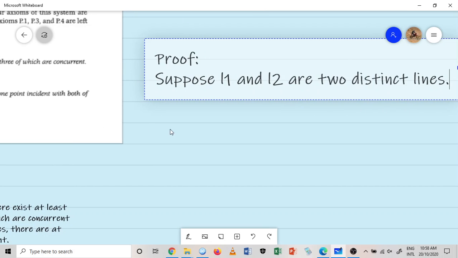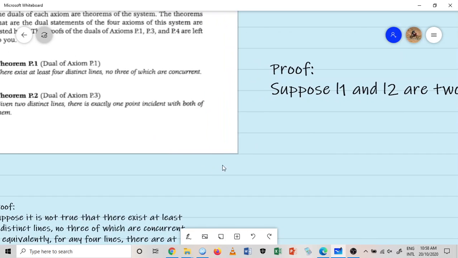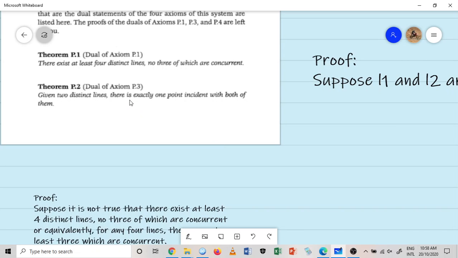We just need to show that there is exactly 1 point incident with both of them, meaning there should be exactly 1 intersection. When we say exactly, there actually are 2 contentions here. Exactly means there should be at least and at the same time at most 1 point common.